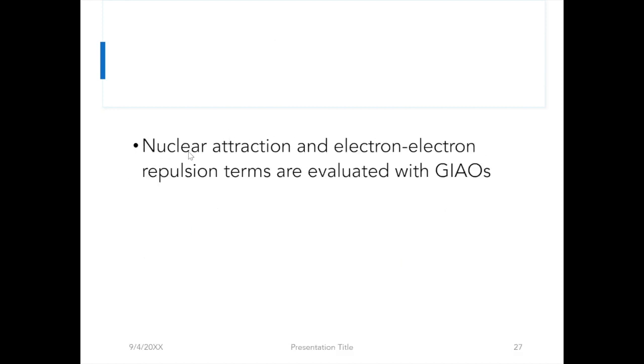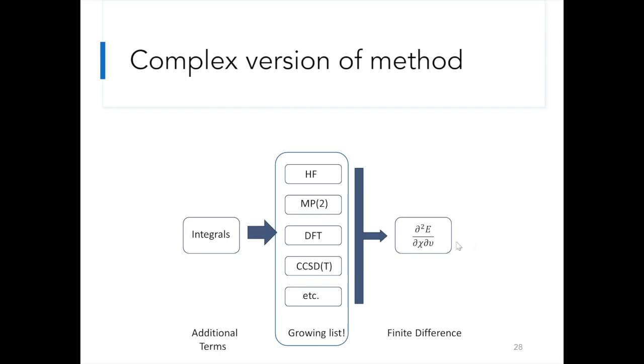Right, and now the other terms in your Hamiltonian, the nuclear attraction and electron-electron repulsion, also evaluate GIAOs, so they're also complex. So in effect, we need a complex implementation of the methods in Q-Chem, which a lot of them have, so we can just leverage those and get our properties from finite difference.